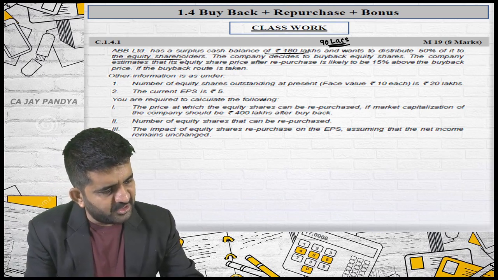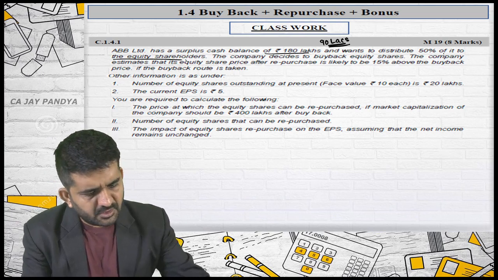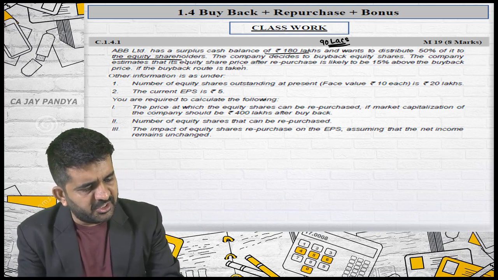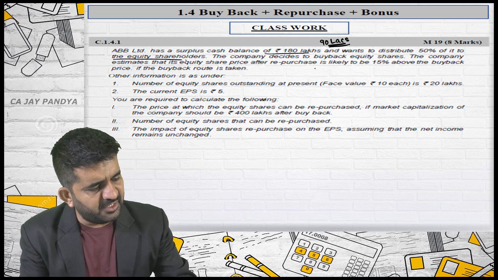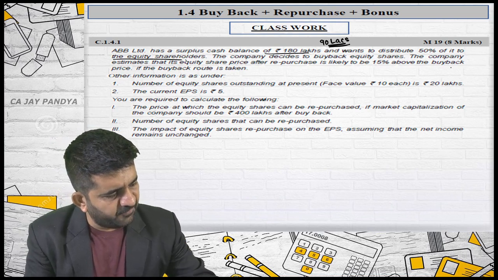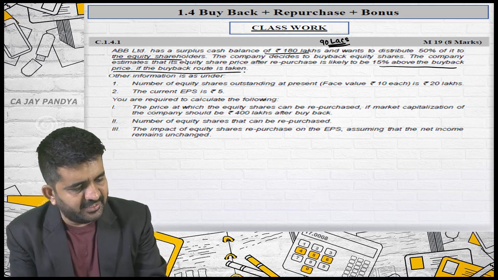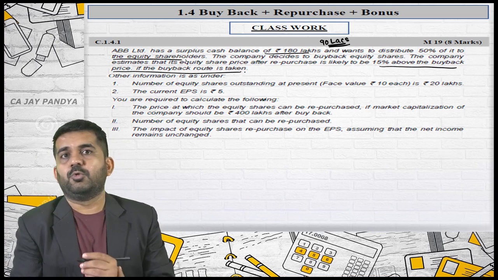The company decides to buy back equity shares. The company estimates that its equity share price after repurchase is likely to be 15% above the buyback price if the buyback route is taken.